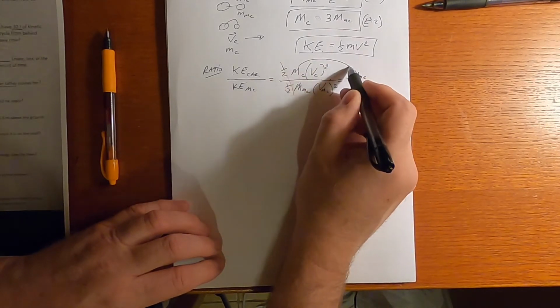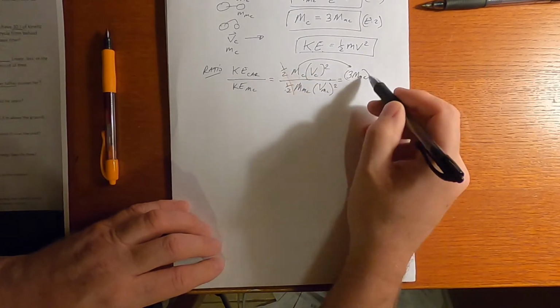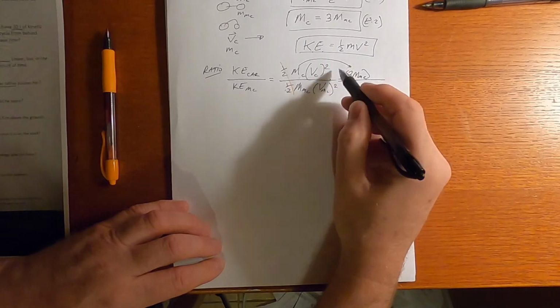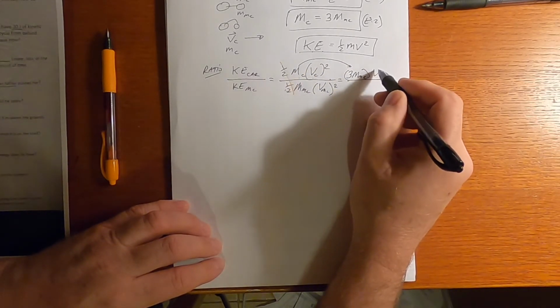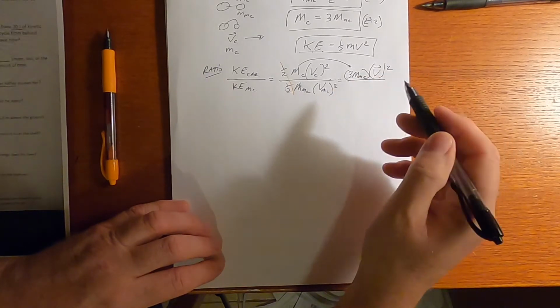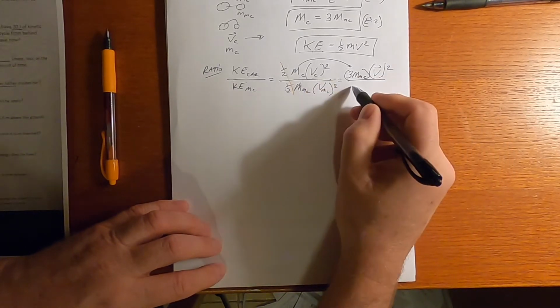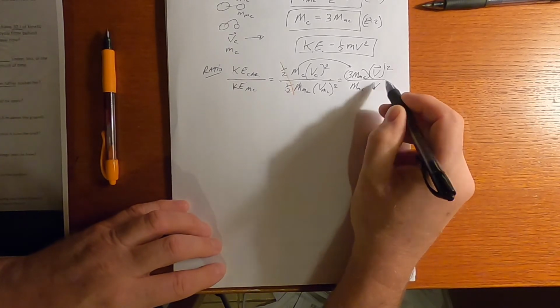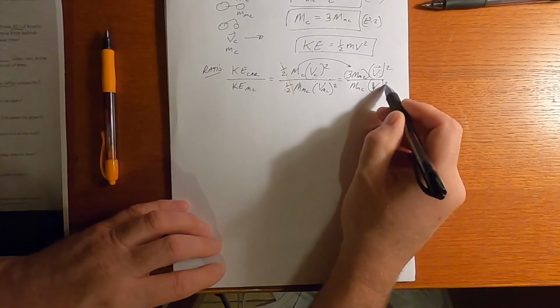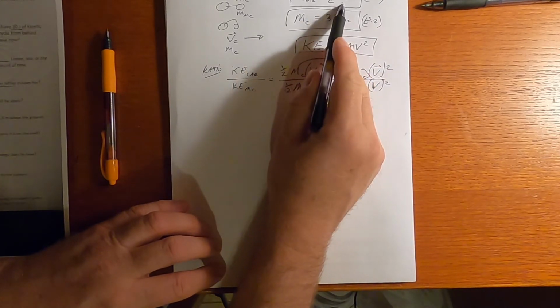So this factor becomes this. Then you have the velocity of the car, which is just v squared. Now we have the mass of the motorcycle, and the velocity of the motorcycle, which is just v squared, as from equation 1.